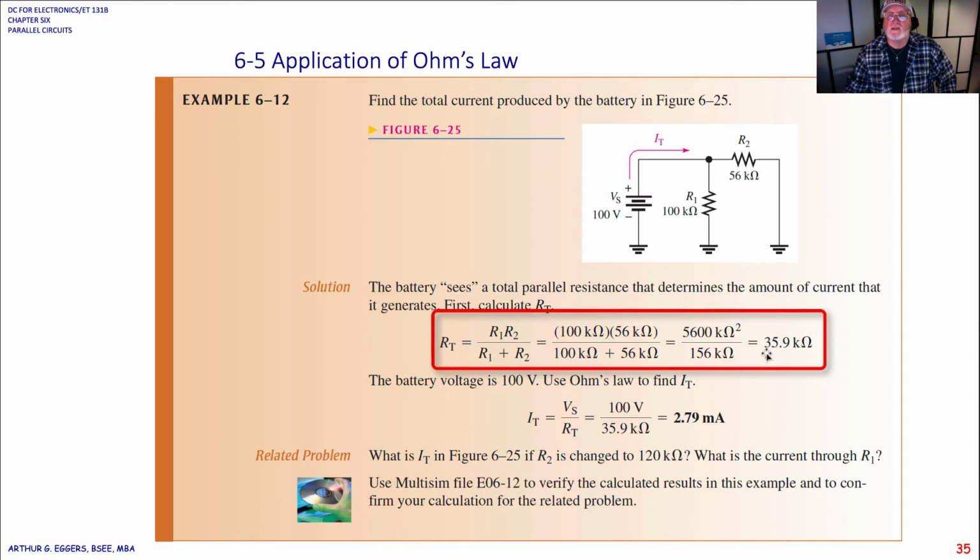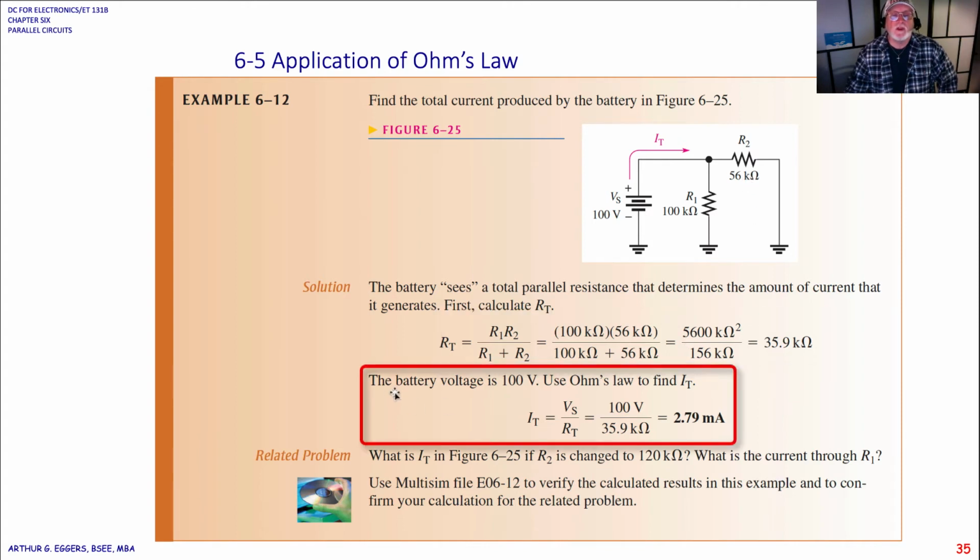Again, check it. Is it smaller than the smallest? Well, 56 was the smallest. This is smaller. So now, given a battery voltage, our source voltage of 100 volts, we can stick the value back into Ohm's law for I total. V source by R total then gives us 100 by 35.9 K, or 2.79, 2.8 milliamps of total current.